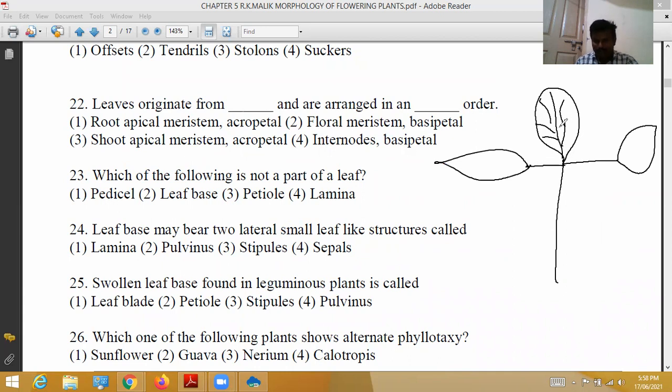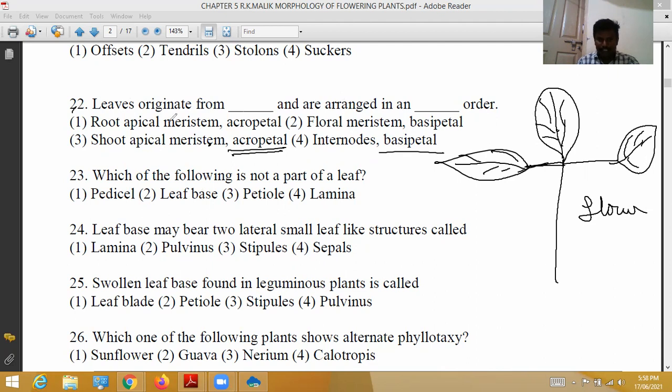The first formed leaf is usually present, and from this, lateral leaves are formed. This is called basipetal, but leaves are not like that. This kind of arrangement is commonly seen in flowers, but in leaves we cannot see this. In leaves, it is acropetal order. Leaves originate from shoot apical meristem and are arranged in acropetal order.